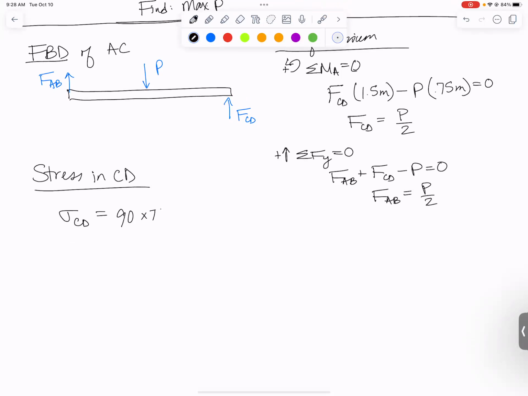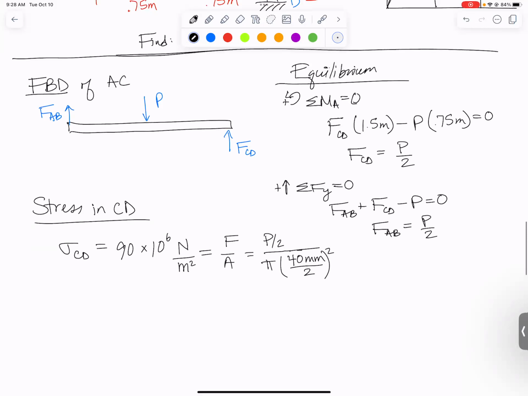I'm going to write megapascals as times 10 to the 6th. Pascals is a newtons per square meter. That equals force over area, which in this case is going to be P over 2 divided by pi times the radius squared. The diameter was 40 millimeters divided by 2, which gets squared. And now let me give myself just a little bit more space here.